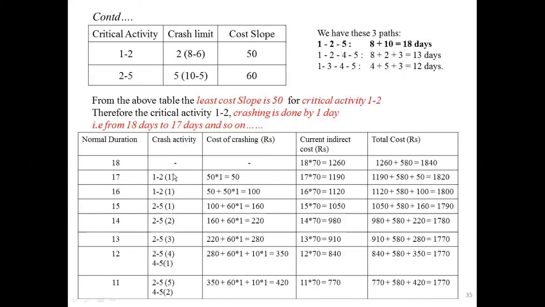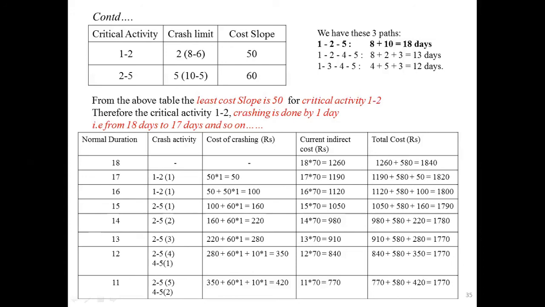Here if you check these values, for 1 to 2 the crash limit is 2 days. The 2 days are over, 1 plus 1, 2 days. For 2 to 5, the limit is 5 days. You have reduced 2 to 5 by 1 day each time: 1, 2, 3, 4, 5. That means for the critical path 1 to 5, the crashing limit is reached.